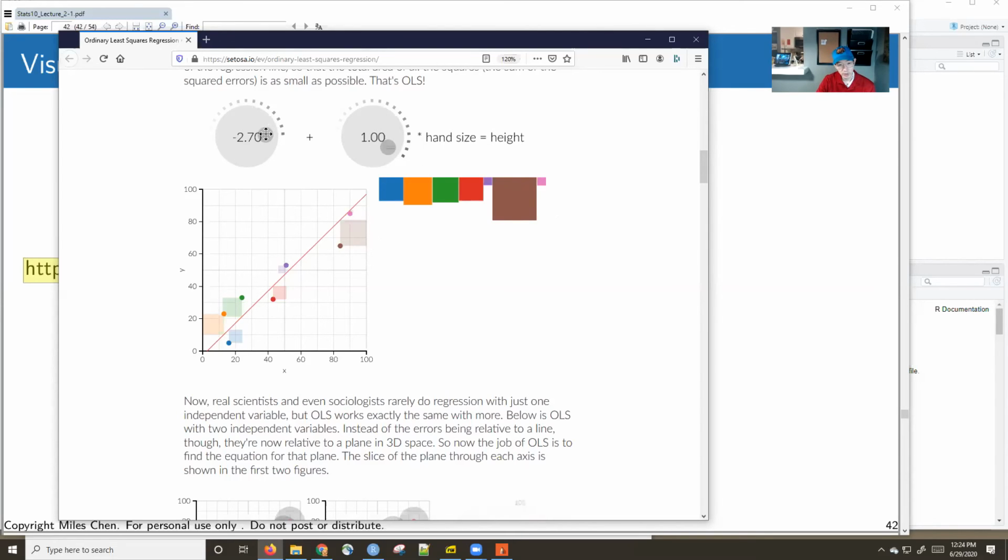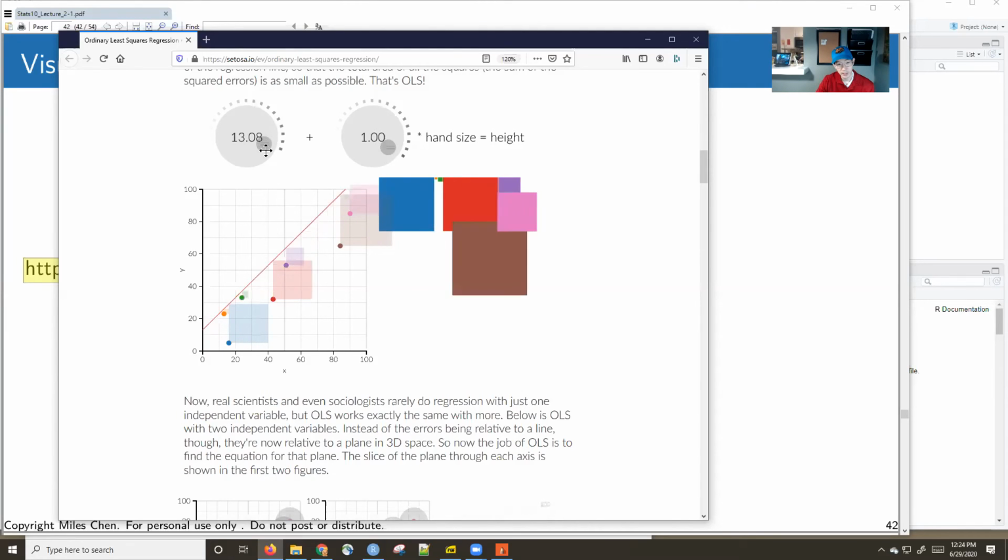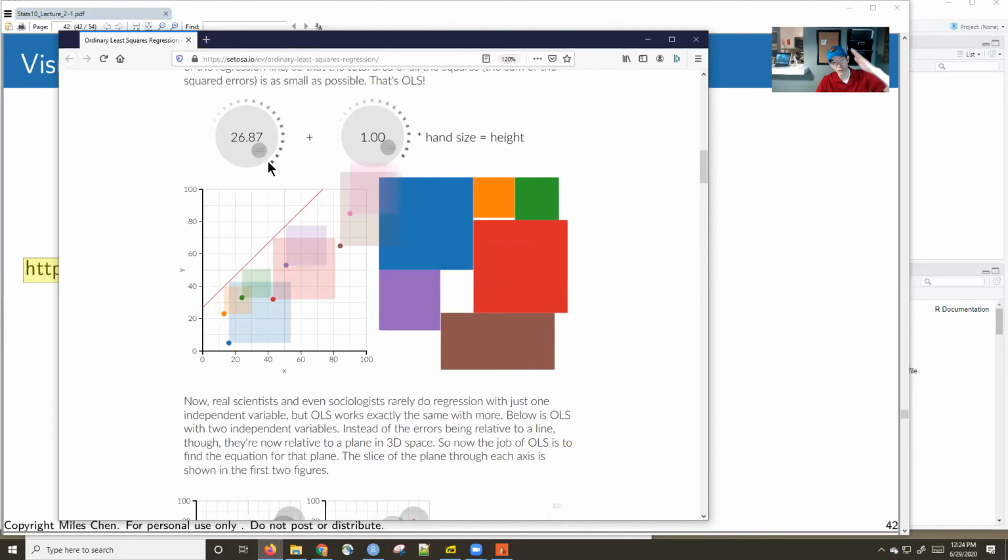Now notice if I shift the line to be way up here, the distance from this blue dot to the line gets huge, and its square area is huge. So the total size of the squared residuals is very, very big.